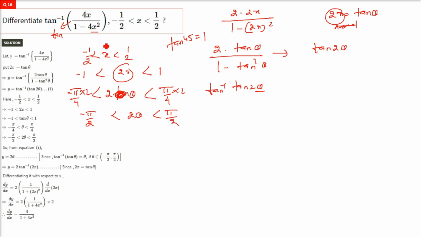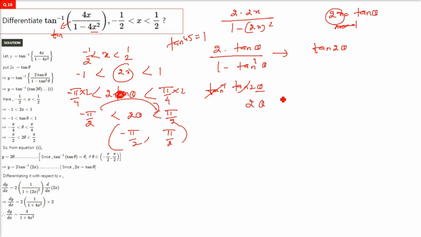So if we cancel this tan inverse, the range is negative pi by 2 to pi by 2, and this range we already have, and it is not inside, but it is actually equal to it. Now you can finally take the 2 theta.